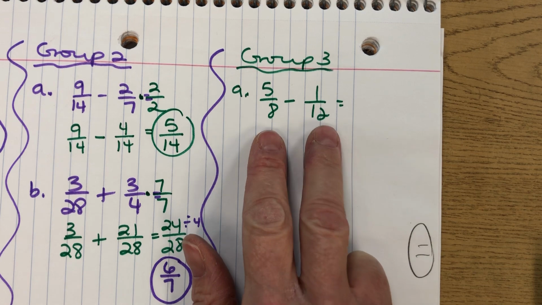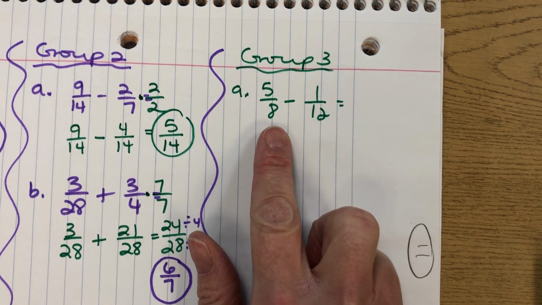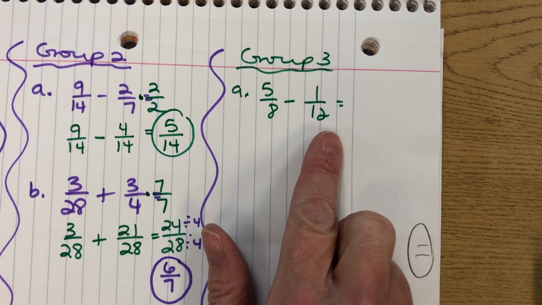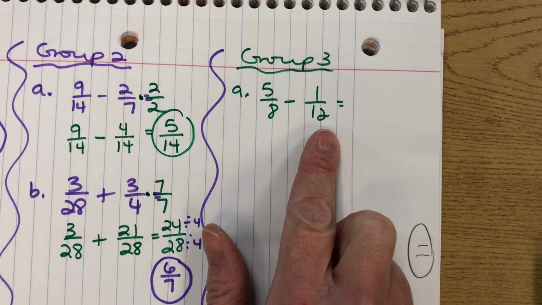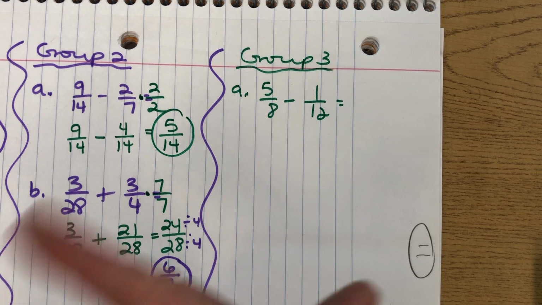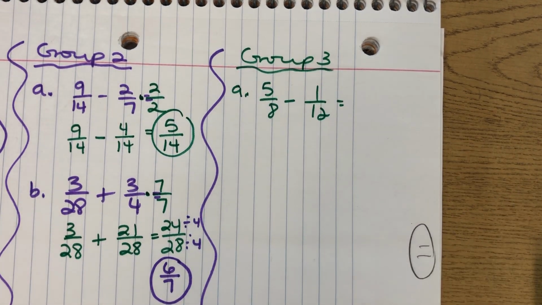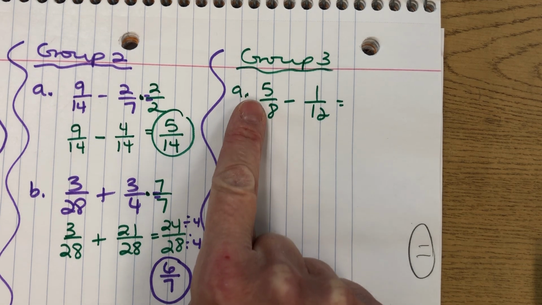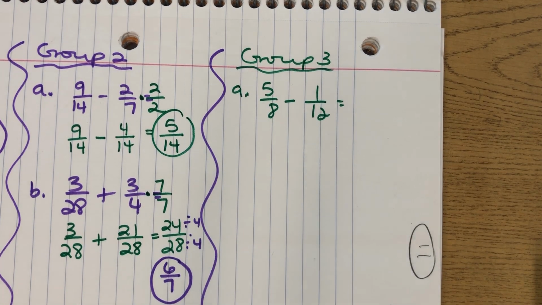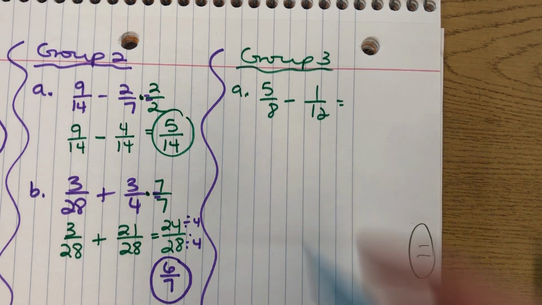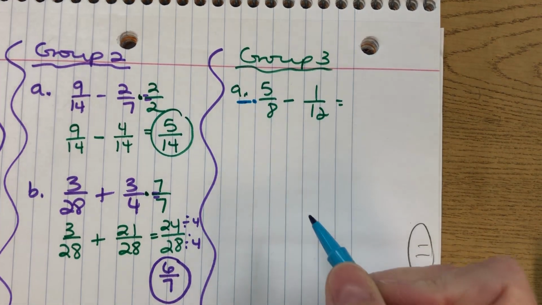When I look at 8 and 12, if I counted by 8s and I counted by 12s, the first number they would have in common is 24. 8, 16, 24, 12, 24. So instead of multiplying this by 12 over 12 and this by 8 over 8, I'm going to multiply it by the number that would give me a denominator of 24.